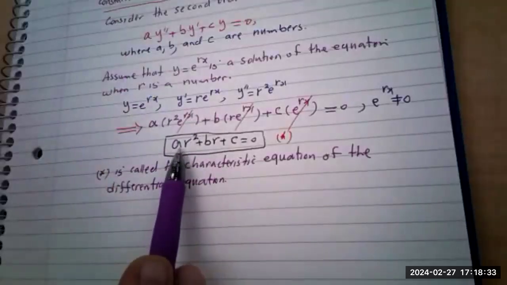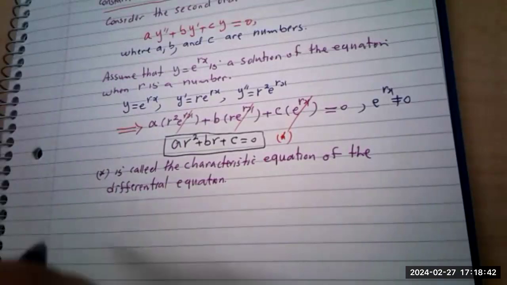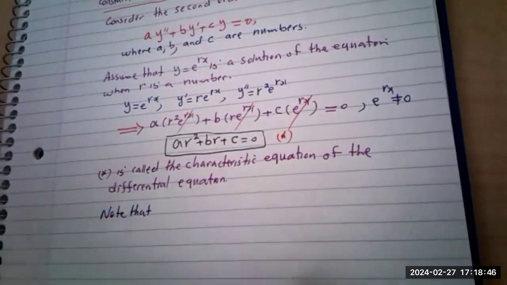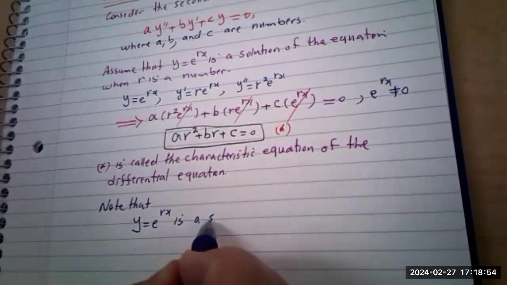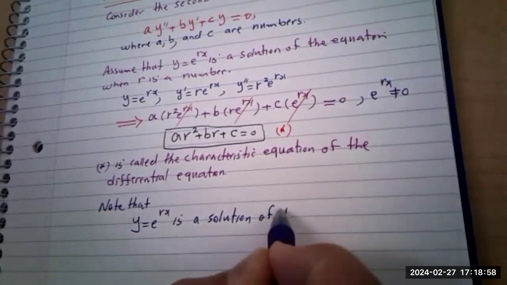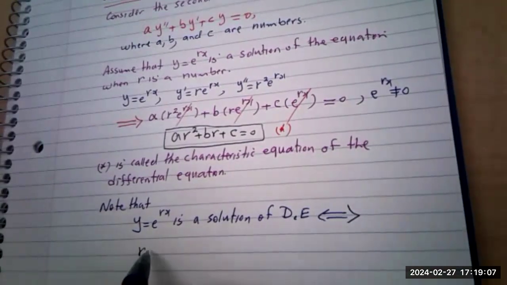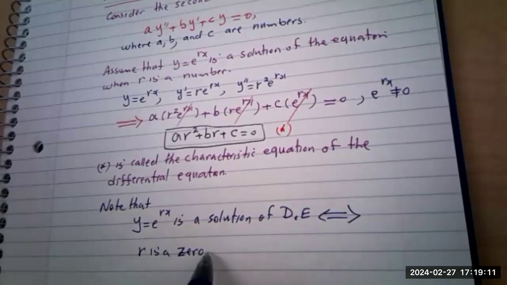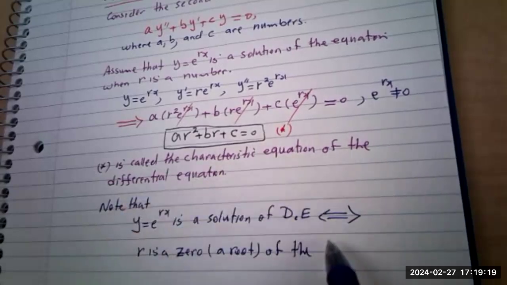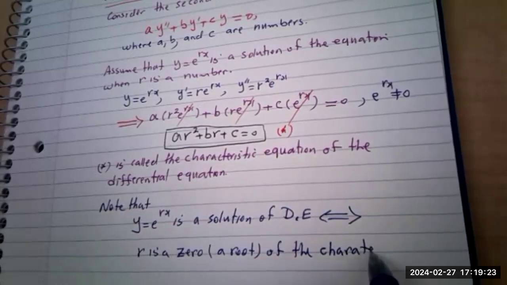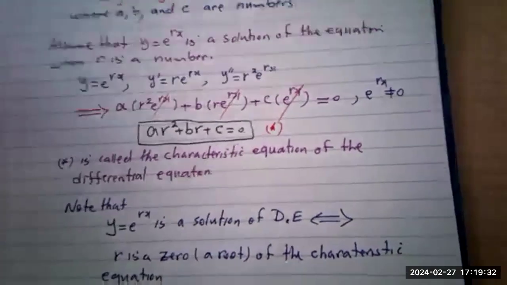You see, it's like a r squared plus b r plus c equals 0. Therefore, as I talked about, y equals e to the rx is a solution of the differential equation if and only if r is a zero or a root of that quadratic equation, the star equation or characteristic equation.